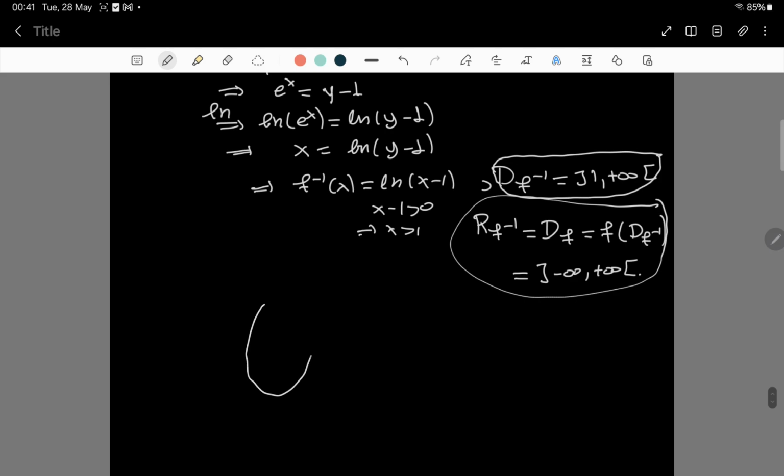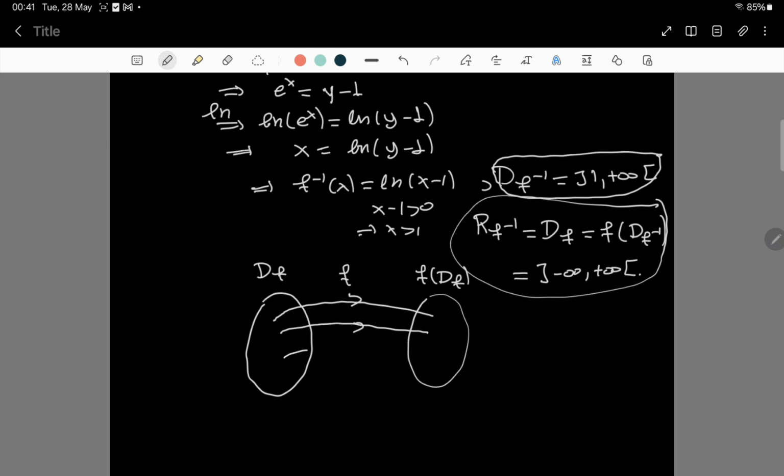And why is that? This is the function, this is the domain of f, this is f of the domain of f. This is the domain of the function f, and this is the range. So I map the values that are in the domain and the values that are in the codomain by this process. If I want to go the other way, I need the inverse function.